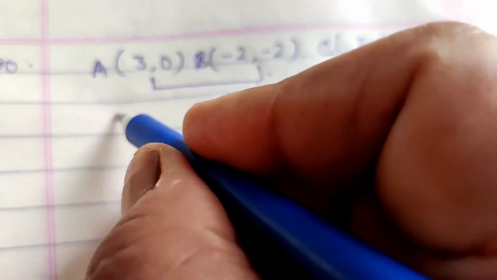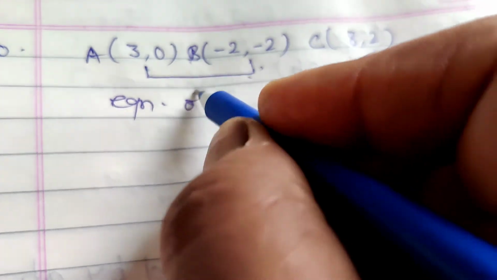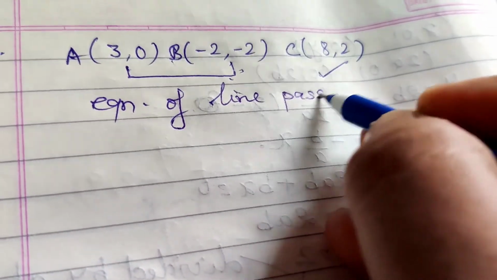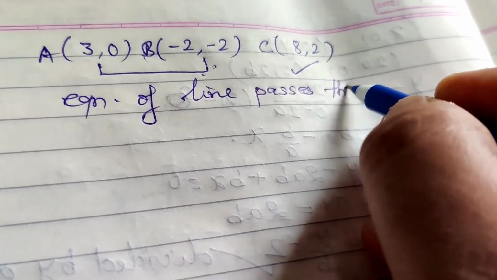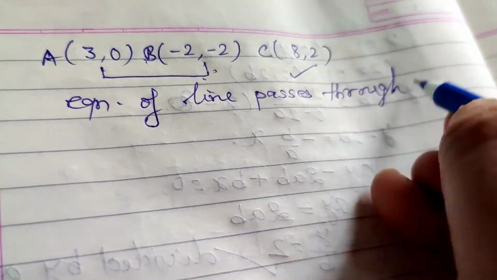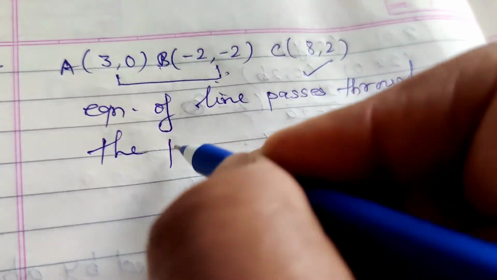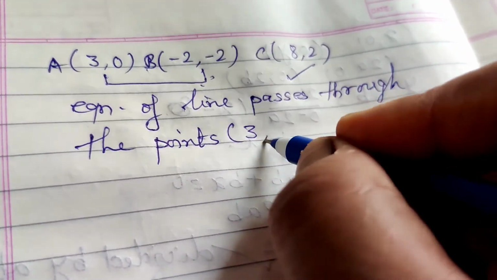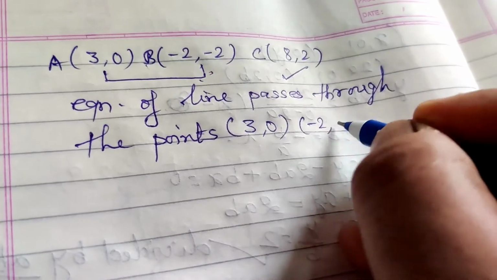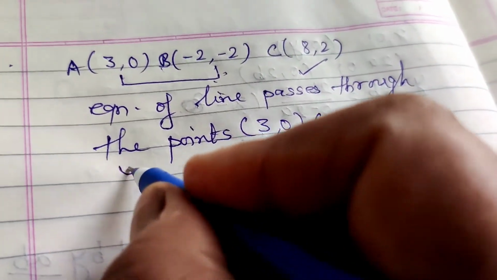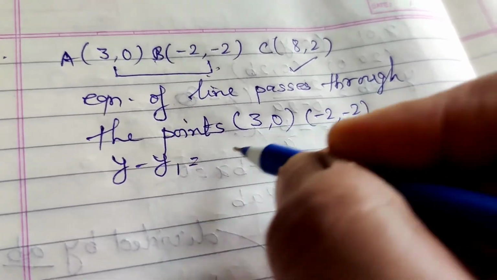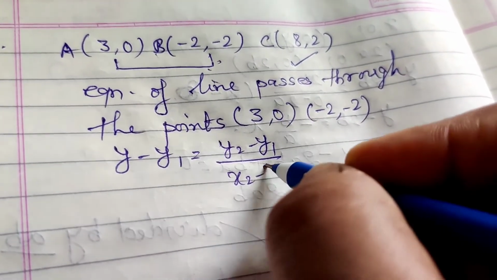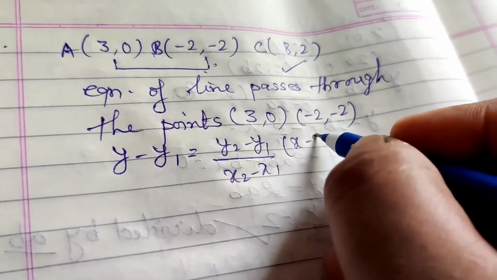So now the equation of line passing through the points (3, 0) and (-2, 2) is y minus y1 equal to (y2 minus y1) upon (x2 minus x1) times (x minus x1).